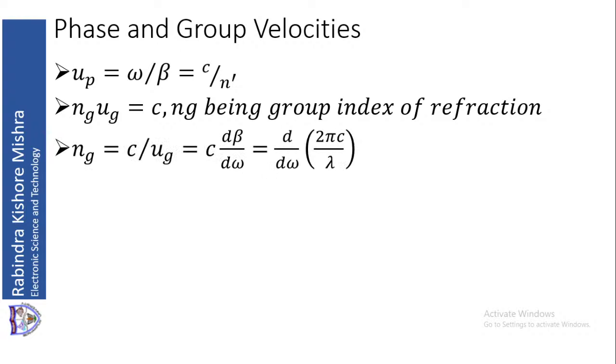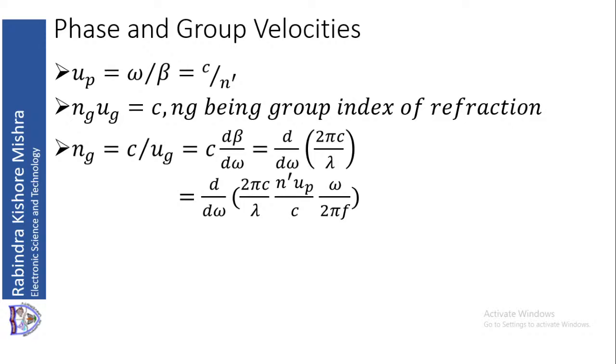Now from this you can see that Ng is equal to c by Ug, because Ng into Ug is equal to c. So Ng is equal to c upon Ug. c remains as it is. Ug is defined as d beta by d omega, the differentiation of beta with respect to omega.